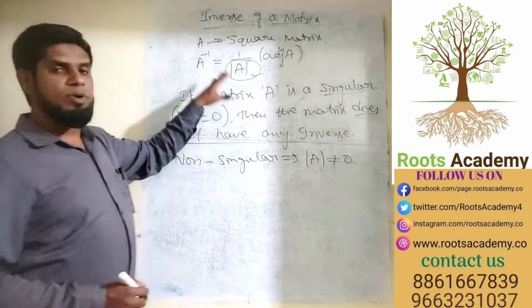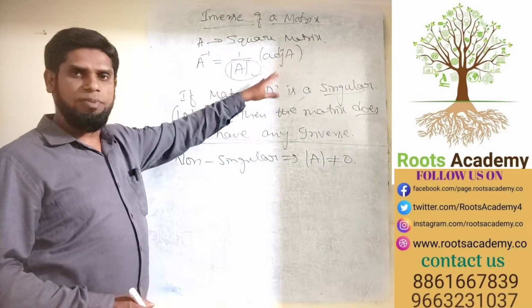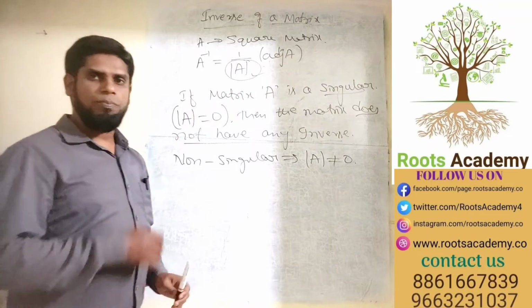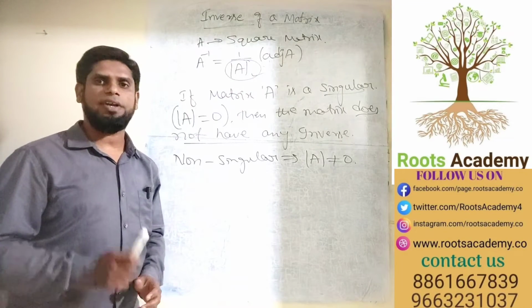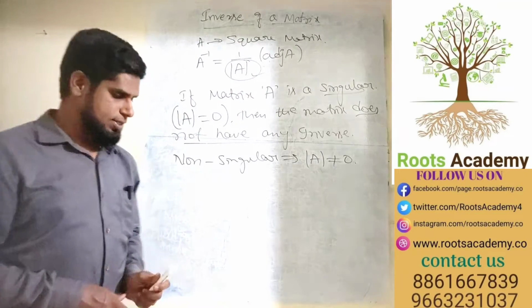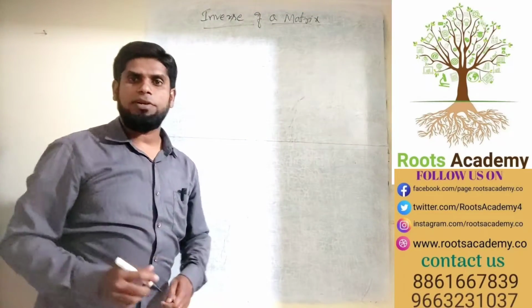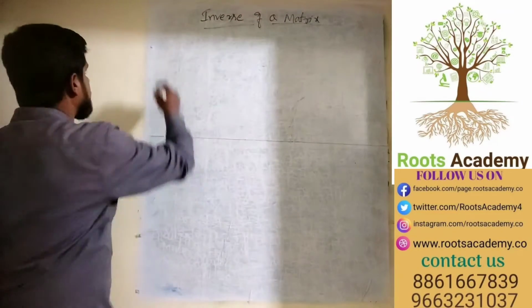Okay students, this is about the definition of the inverse of a matrix. Now let us go to the problems of inverse. How can we find the inverse of a matrix? Okay students, now let us take one 2 cross 2 matrix.